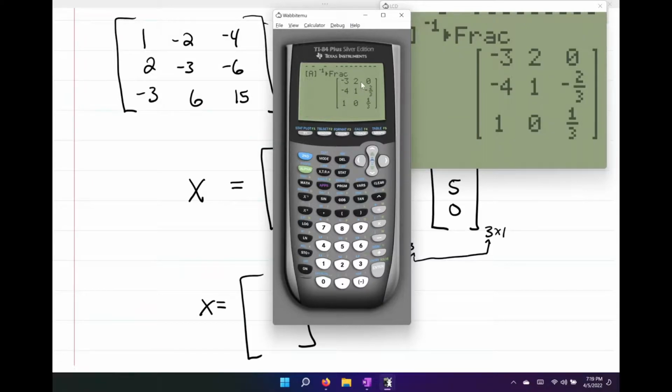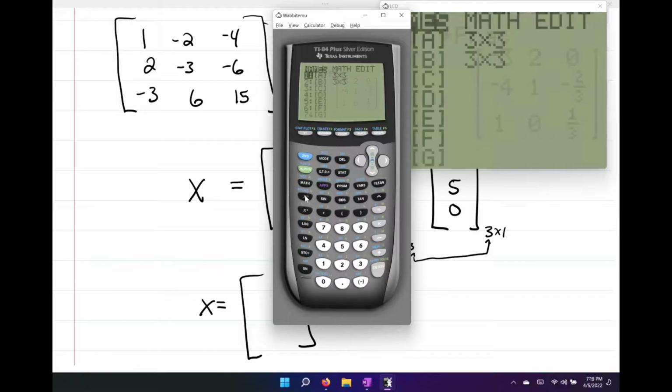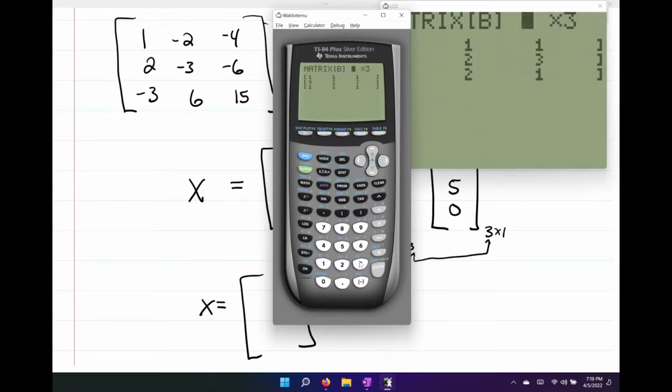We're going to take our inverse and multiply it by our column vector 7, 5, 0. So we need a column vector, so I'll put this in as matrix B. It's going to be a 3 by 1: 7, 5, and 0.